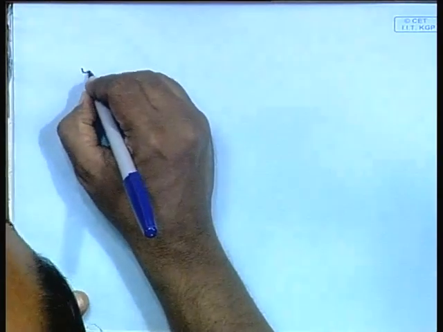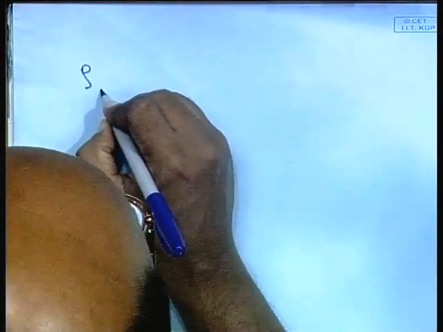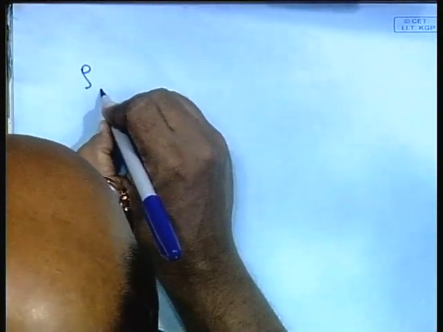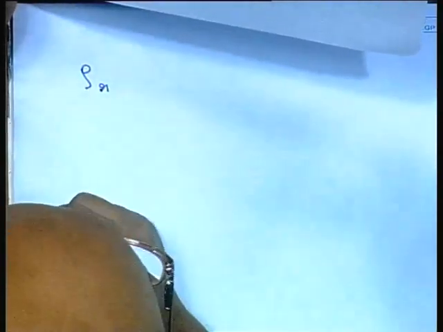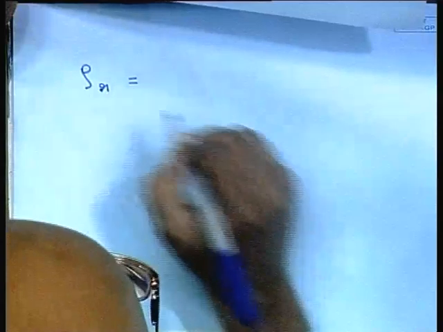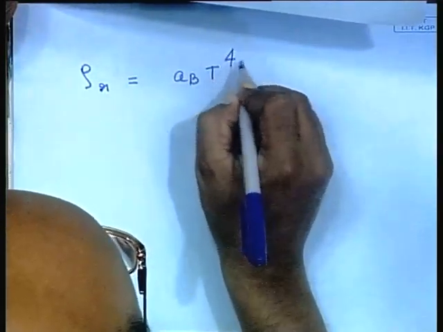So, the energy density in this radiation can be calculated by just multiplying a_B T to the power 4.